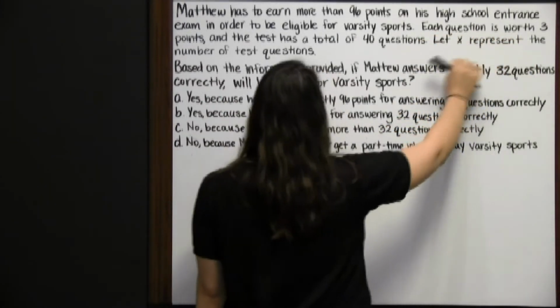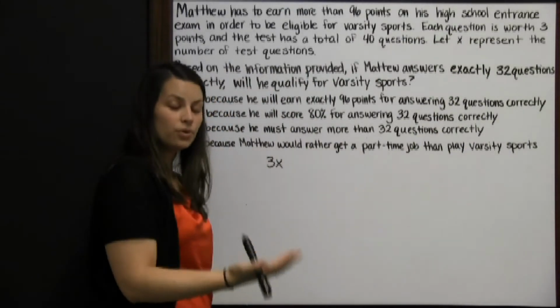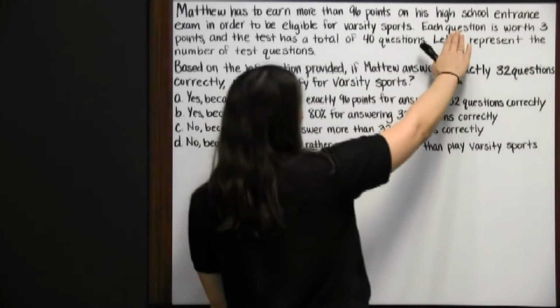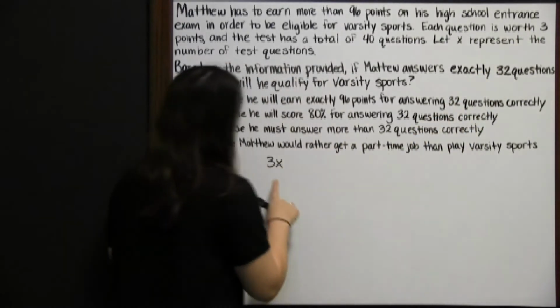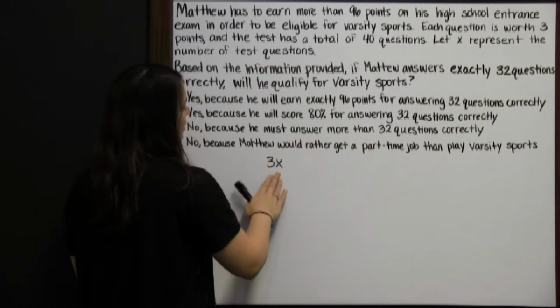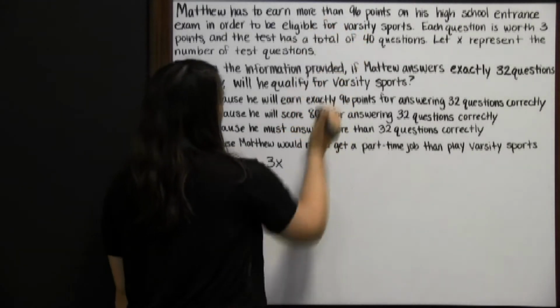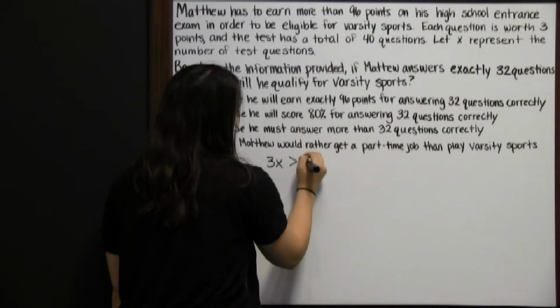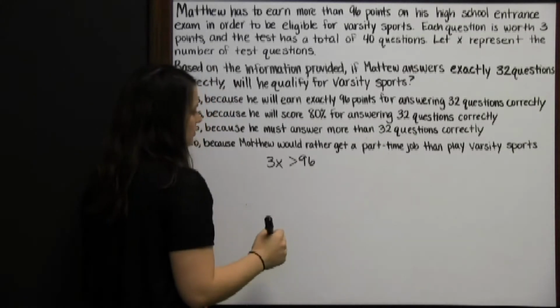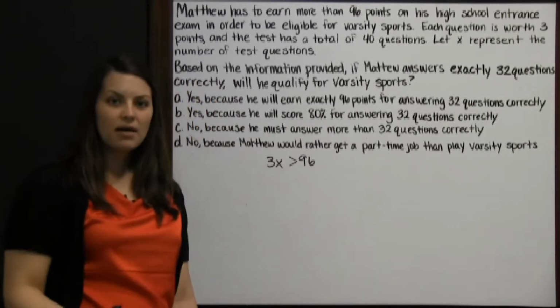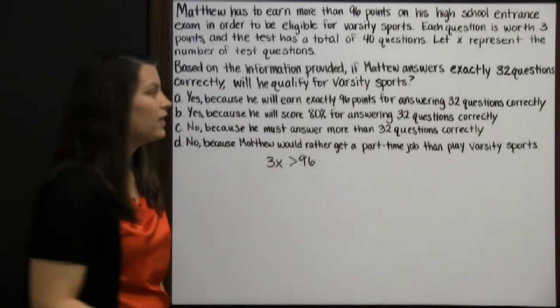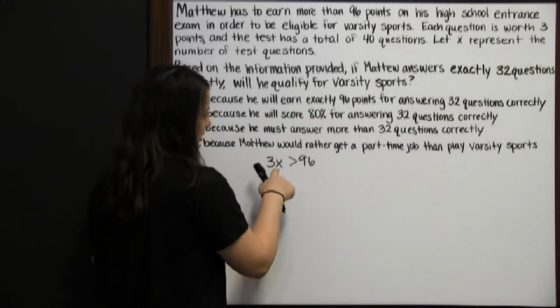Each question is worth 3 points, so each tells you to multiply the number of questions by the number of points, so 3x. The number of points Matthew earns must be more than 96, so 3x is greater than 96.